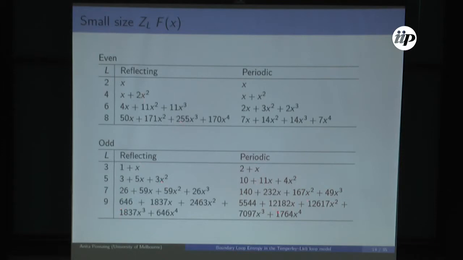Even in the odd periodic case, which we don't have results for, there's also combinatorics: 2, 10, 140, and 1, 4, 49. These numbers are half-turn symmetric alternating sign matrices, and these ones are actually the alternating sign matrix numbers squared: 1 squared, 2 squared, 7 squared, 42 squared. As you can see, there's lots and lots of combinatorics to be found in these polynomials.